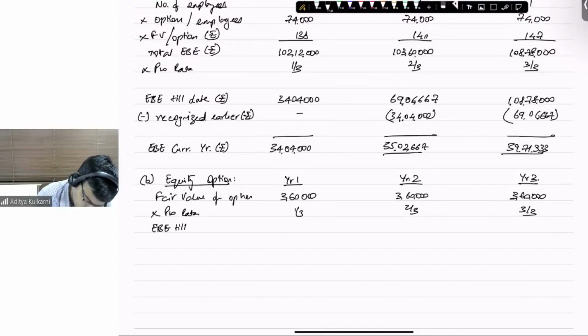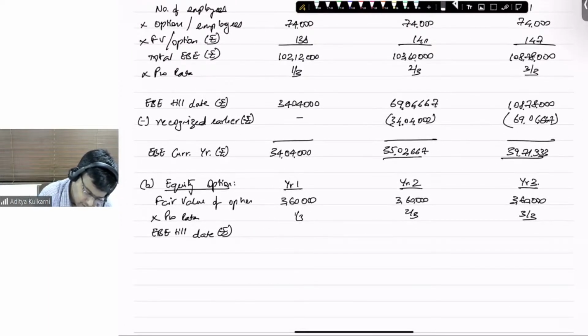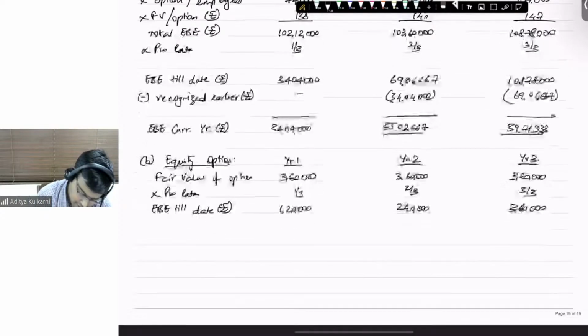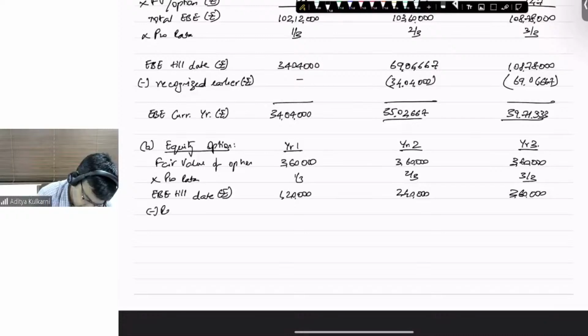Expense till date: 1,20,000, 2,40,000, 3,60,000 less recognized earlier. Nil.